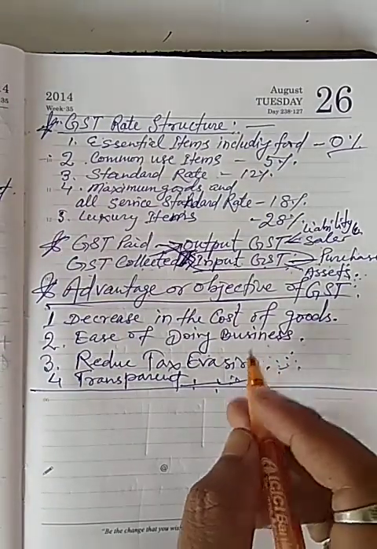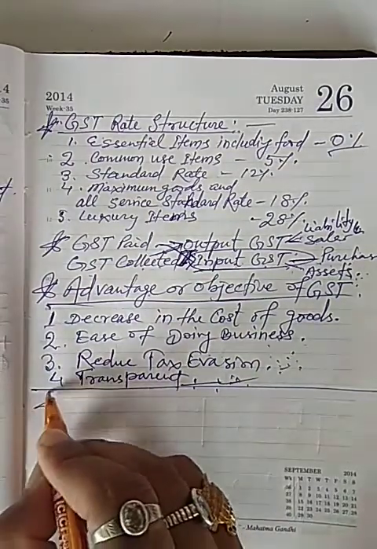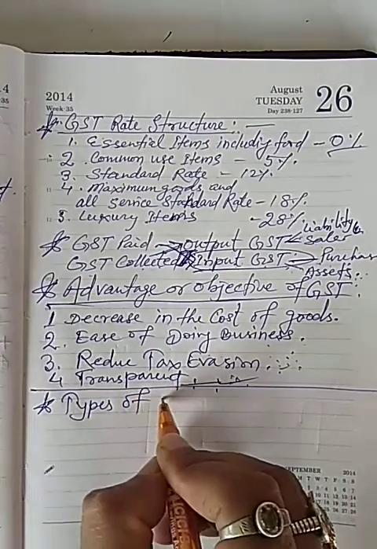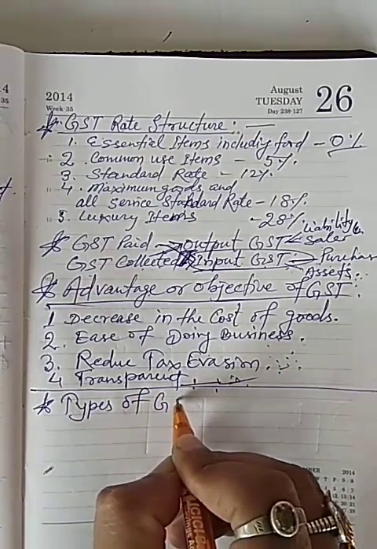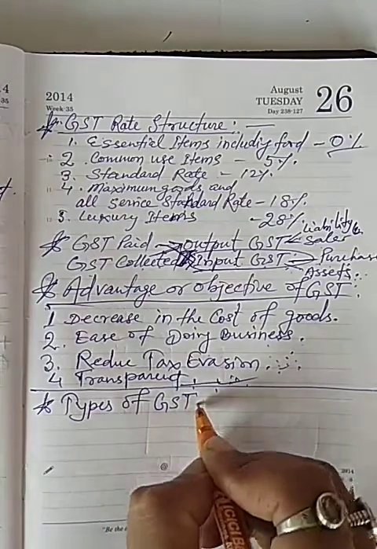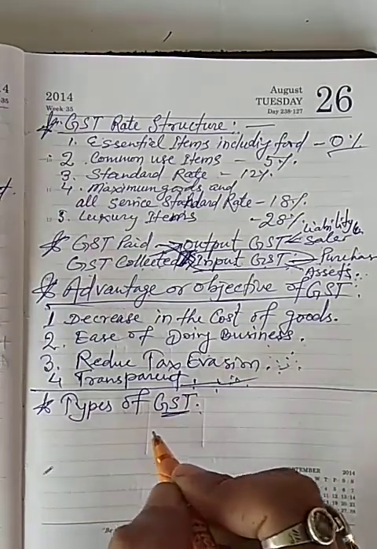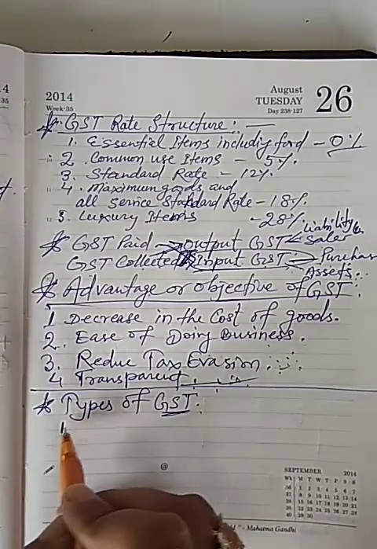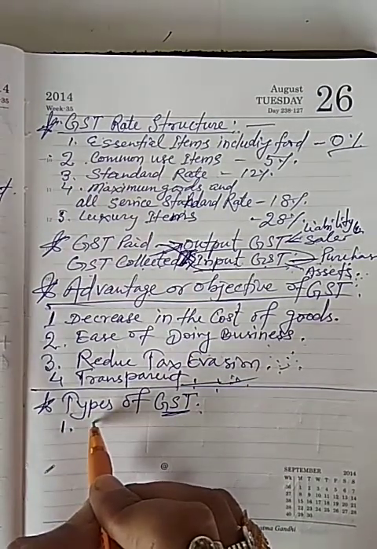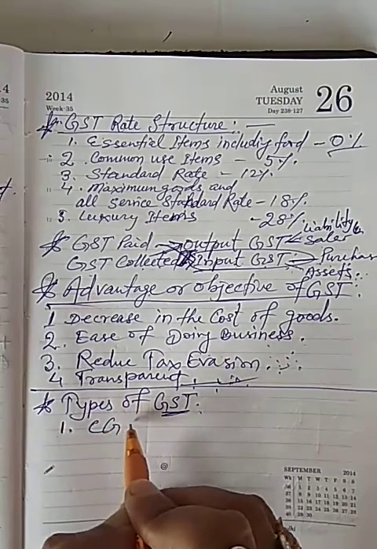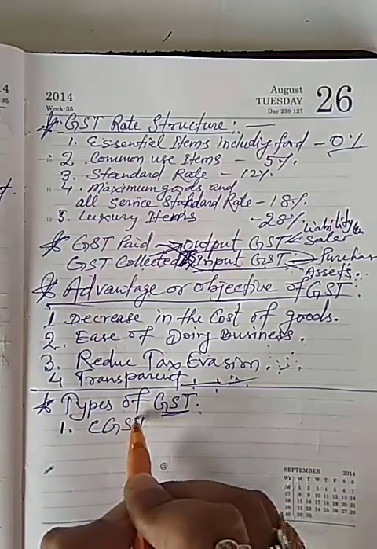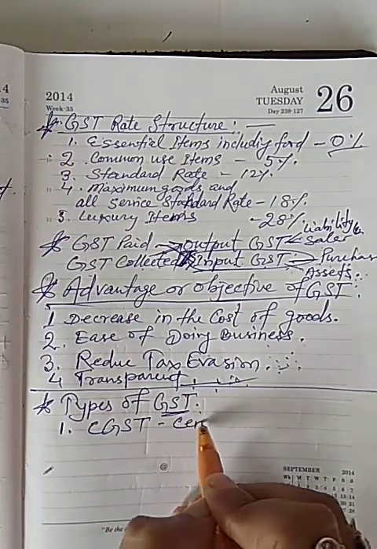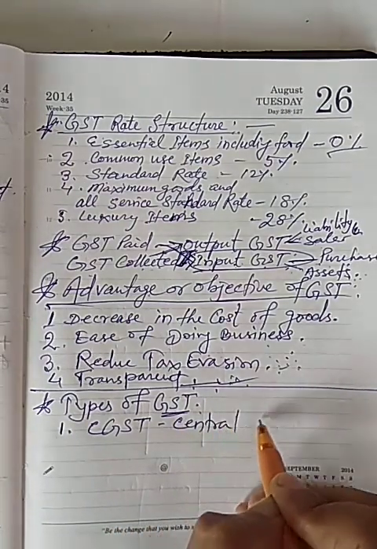Now, types of GST. First is CGST, means central GST.